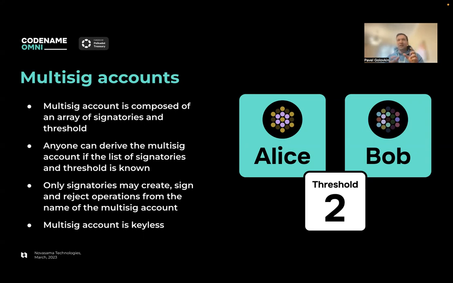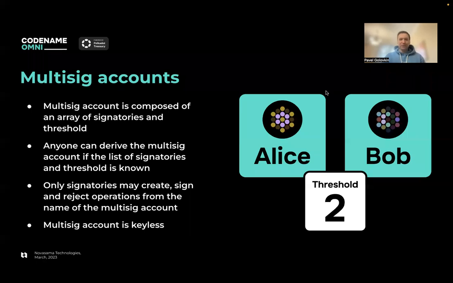So you can check this account even if you don't know the private key of a signatory, but only by having a private key of a signatory can you make the operation from this multi-sig account. And the multi-sig account itself is keyless, so you don't have any private key that allows you to make the operation on your own from the name of a multi-sig account. So it's always the threshold that should be reached when you work with a multi-sig account.